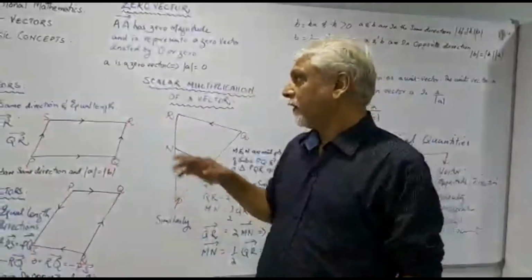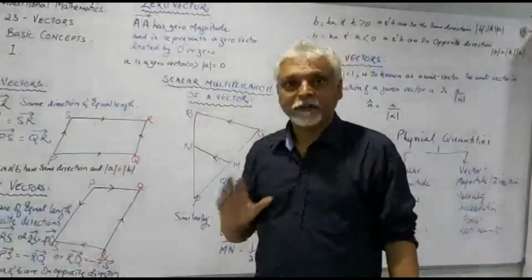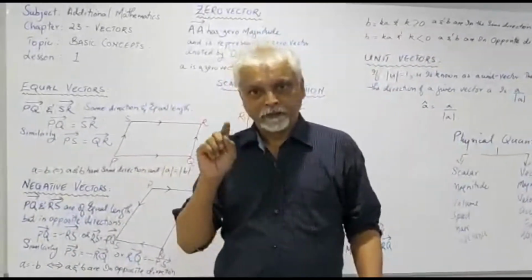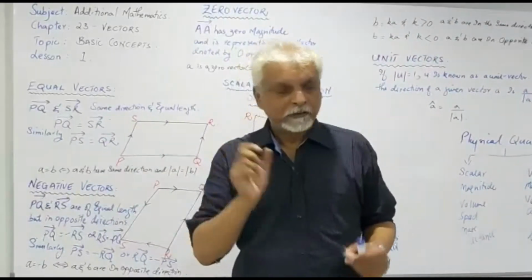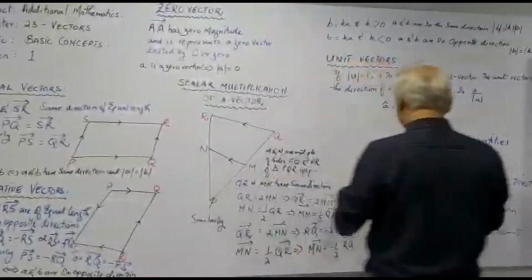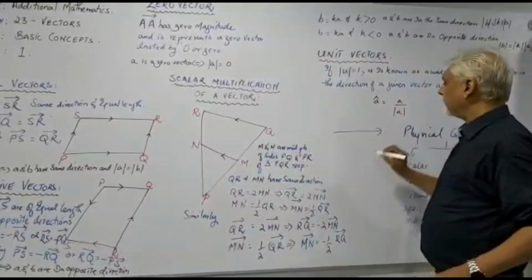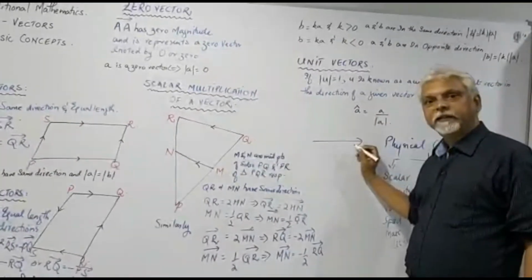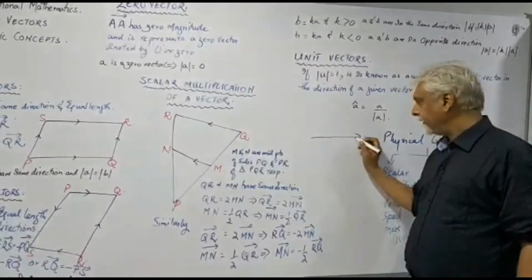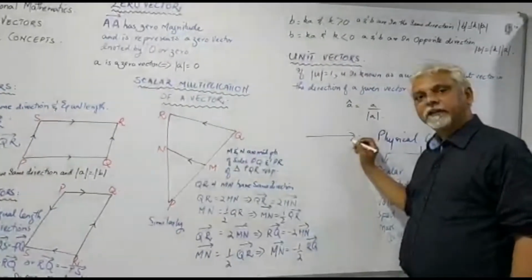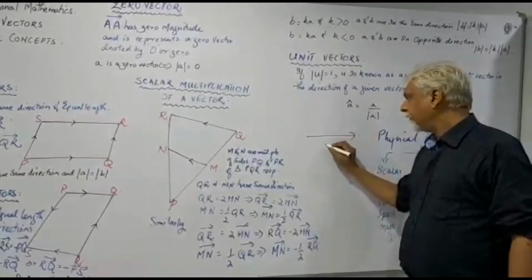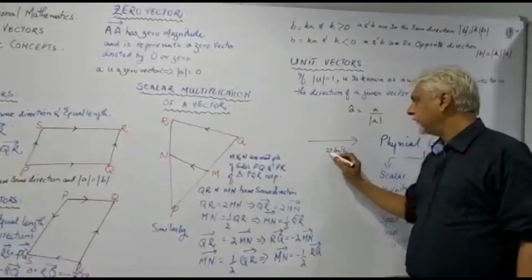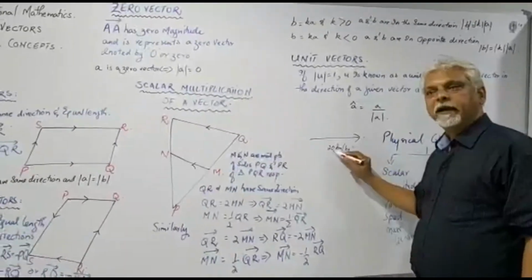So here, let's start with equal vectors, and you'll see that the direction is basically the arrowhead. Let me explain this to you. The length of the line explains the magnitude, and the arrowhead indicates the direction. If I write 20 kilometers per hour, this is the magnitude.